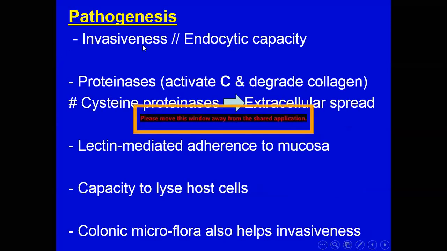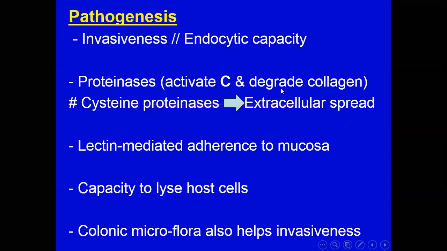Pathogenesis: we say that this parasite has the capability of invasiveness, can cause ulcers. From the ulcers it can invade the intestine, the colon, and then it goes to the extraintestinal tissues. They have proteinases, which can activate complement and break down collagen.